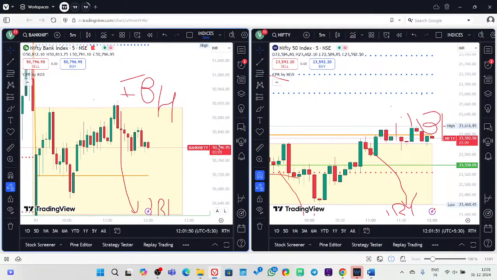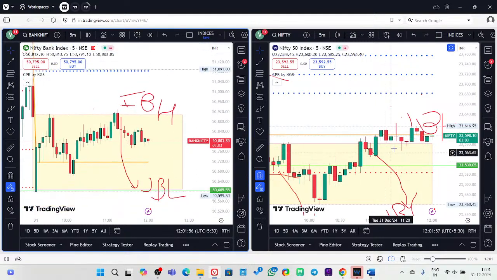Bank Nifty is moving from initial balance high to initial balance low, but Nifty wants to move up.